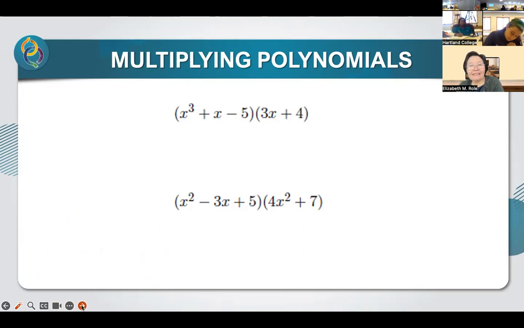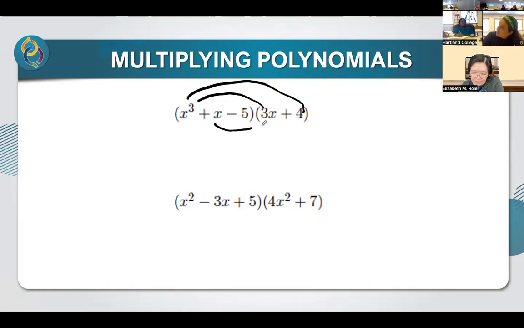x cubed plus x minus 5 times 3x plus 4. So actually you can just say I multiply each of this and this and this, and so you just keep distributing.